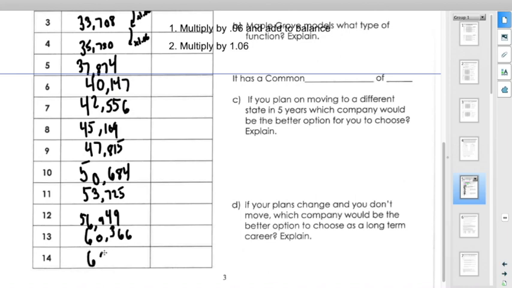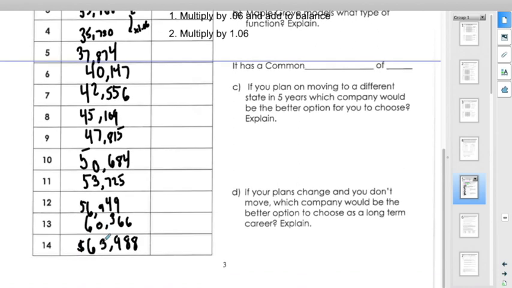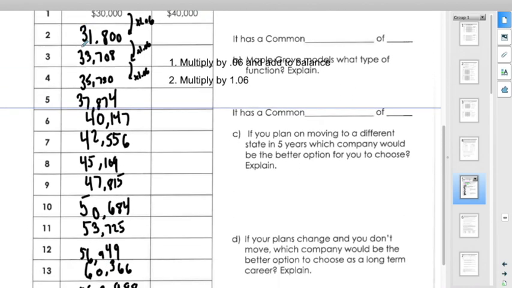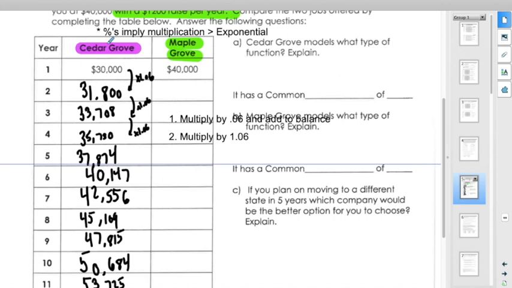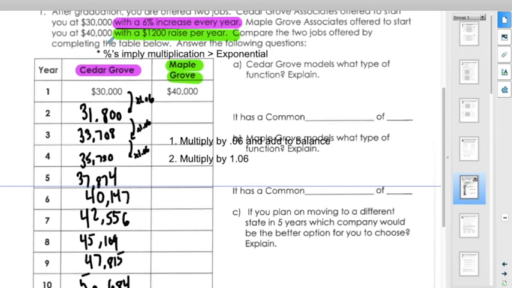Okay, finally the last one, 63,988. So 14 years into the job, we're at $64,000. That's doubling from year 1. That's pretty incredible. 6% increase each year. It starts to add up pretty quick. So this is my exponential.